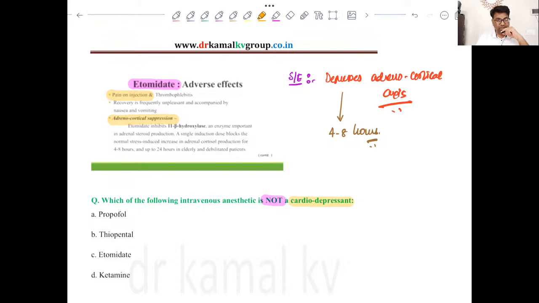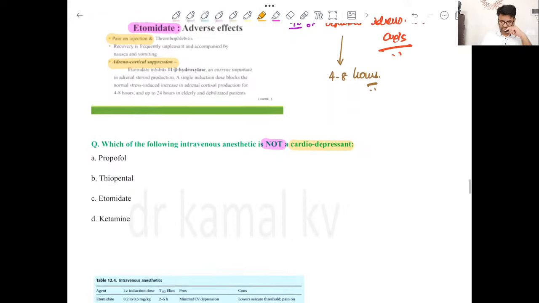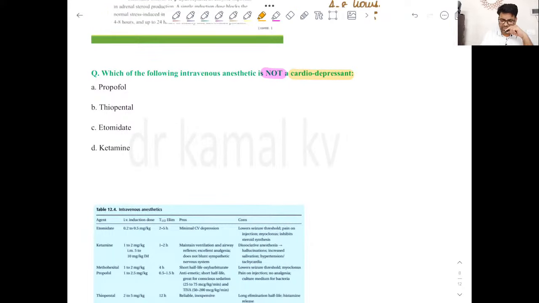Yes, your guess is correct to an extent, but if you take all the agents, then the best answer would be etomidate, right? And yes, for ketamine, we just discussed that it is sympathetic and increases blood pressure, right?